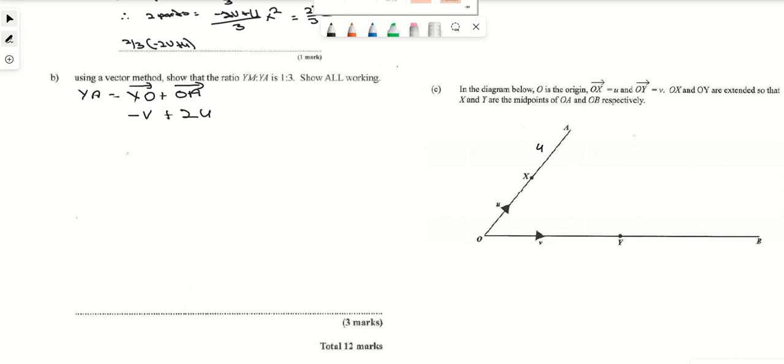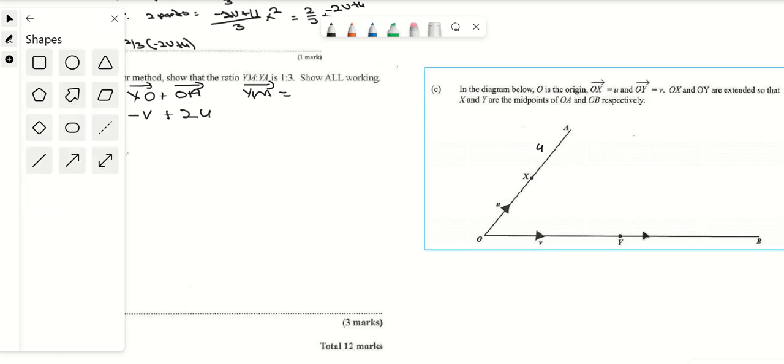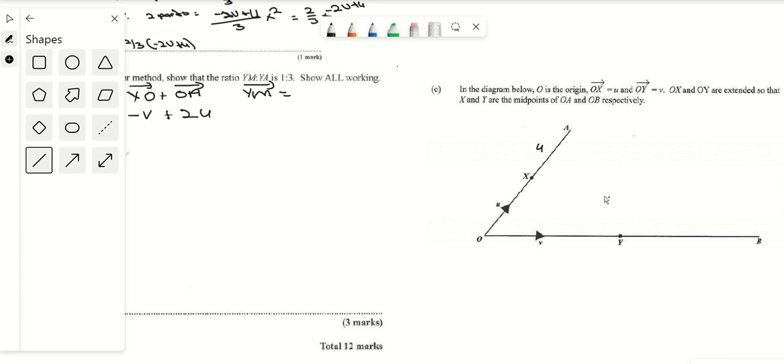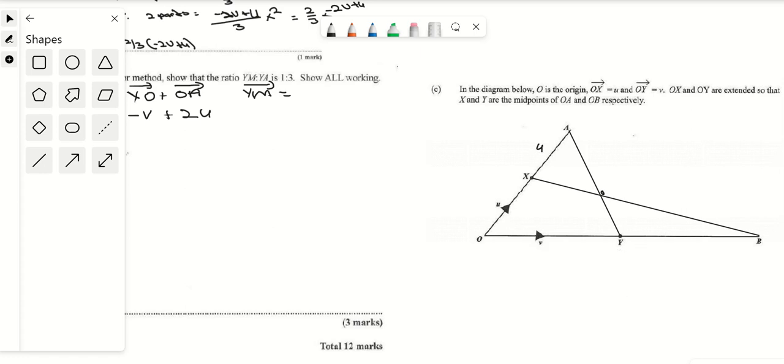Right. Then we're going to find YM. So YM is equal to, let me just draw it out. M was the intersection between YA and BX. So M was in the center here.